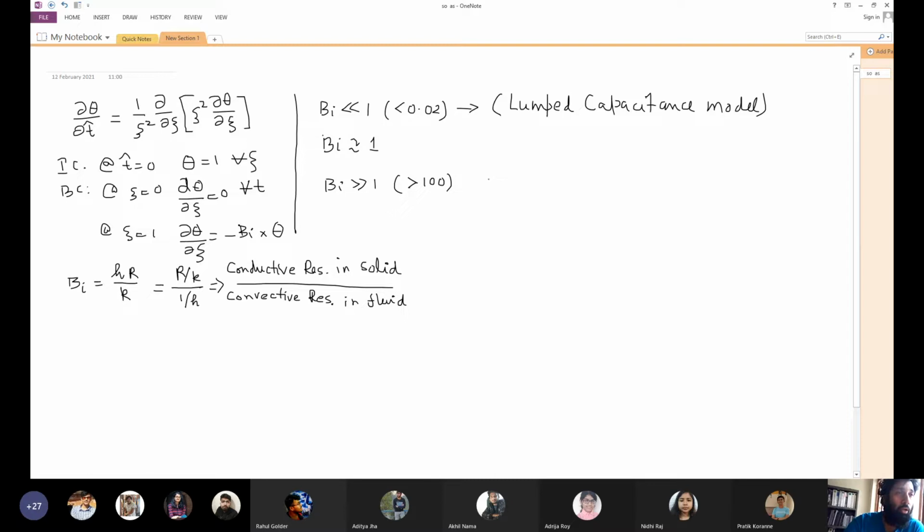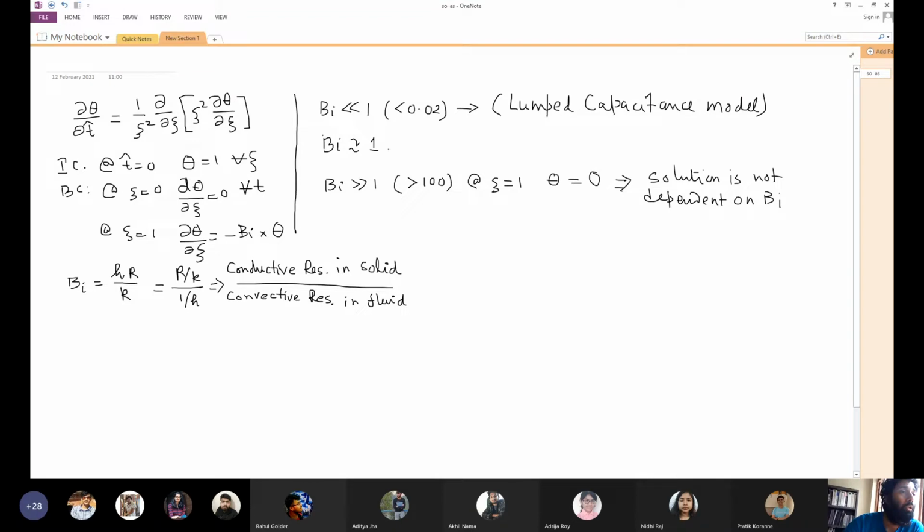So the boundary condition becomes at zeta equals 1, theta equals 0. That means the solution is not dependent on Biot number. Here it's independent of Biot number, here also independent of Biot number.